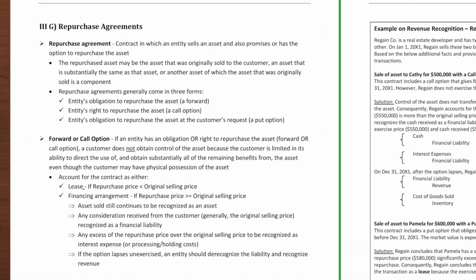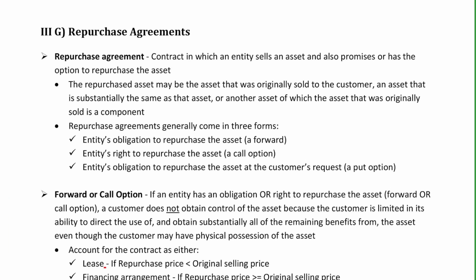On page 70, we're looking at repurchase agreements, which is a contract in which an entity sells an asset and also promises or has an option to repurchase the asset.